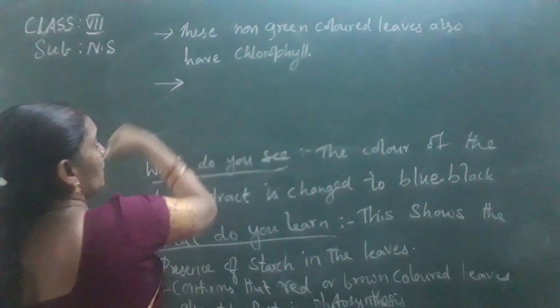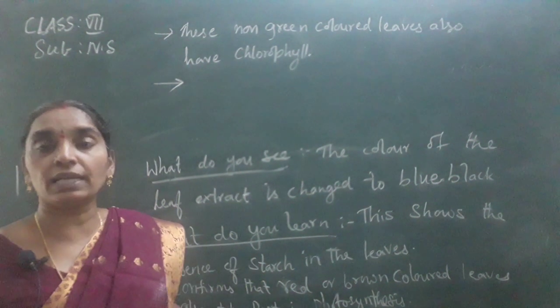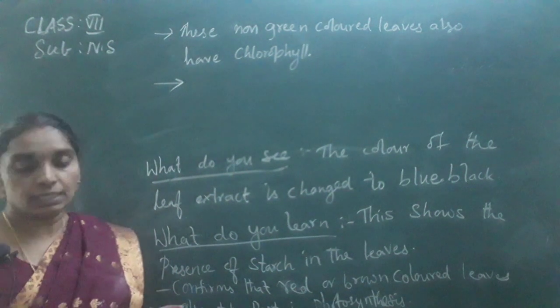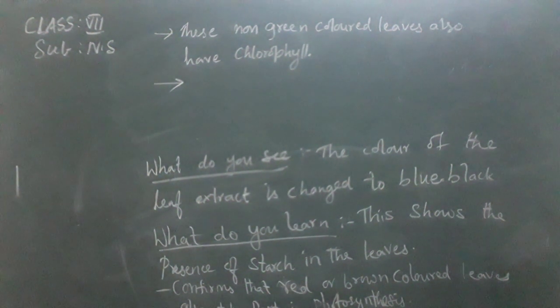And the larger amount of the color of the leaves masks the green color present in the leaves. Okay, the large amount of the red or brown colored pigment present in the leaves has masked the green color.